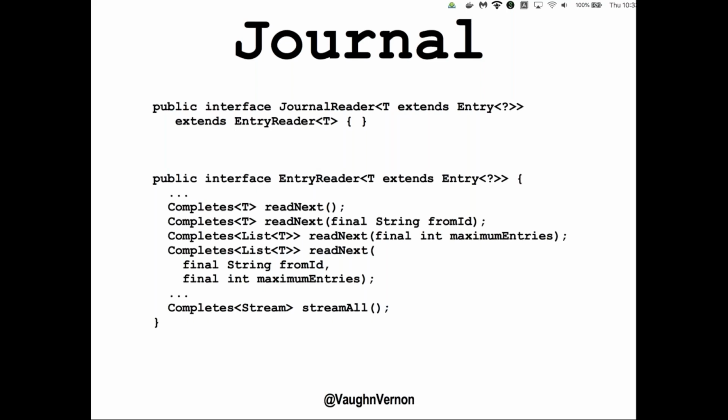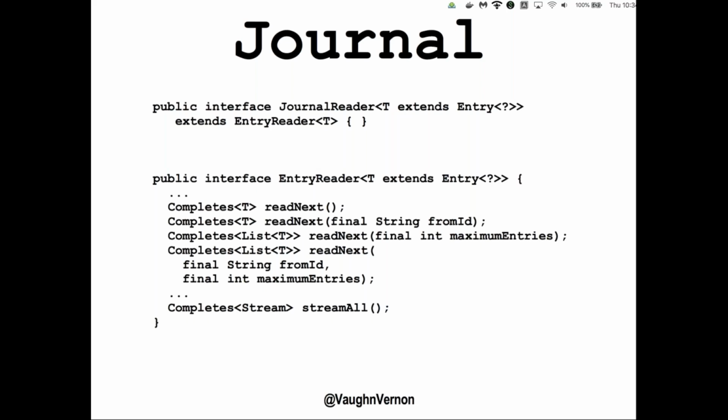The journal reader just extends the entry reader, and so everybody that provides a journal type, whether it's the ObjectStore, the StateStore, or the journal, has the ability to read from the related journal. So for example, you can read the very next entry, which may or may not exist. In the read next method, you can seek to the from ID. This is passed in as a string, but it's interpreted according to the natural type of the underlying database.